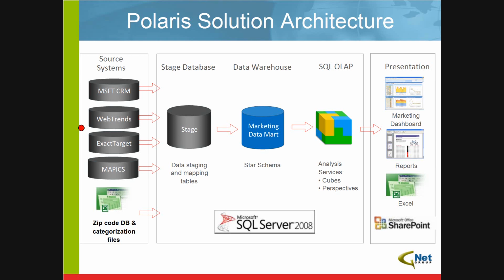So we need to grab all the information out of these external systems, bring them into internal staging and mapping tables to foster those relationships, push them through into a marketing data mart with star schemas, model that with an Analysis Services cube and perspectives to provide the business metrics, aggregates and trending capabilities, and then provide that in a presentation layer that, again, followed the idea of standards for visualizations, was self-sufficient, and provided self-service.